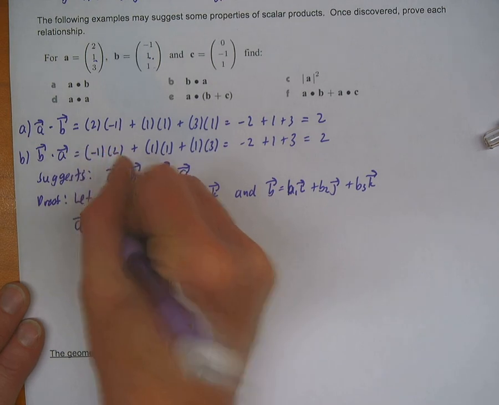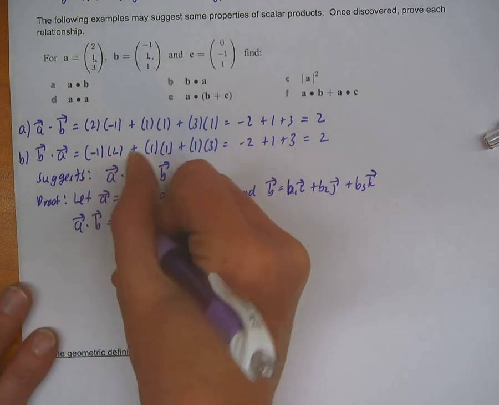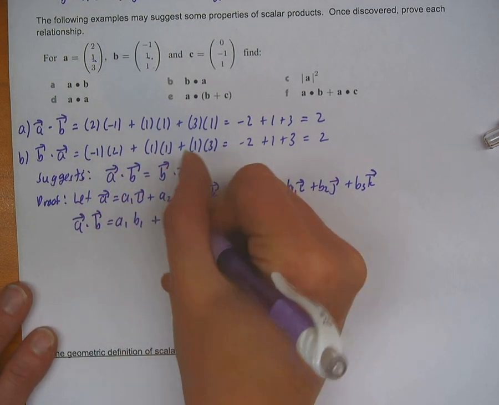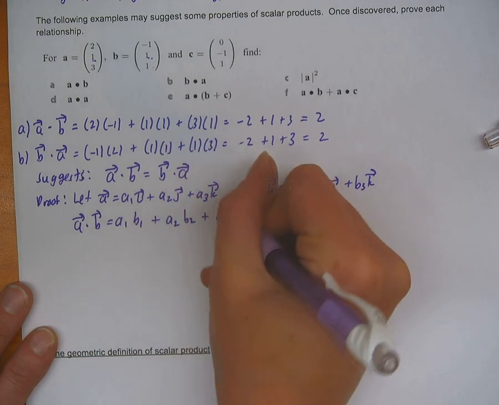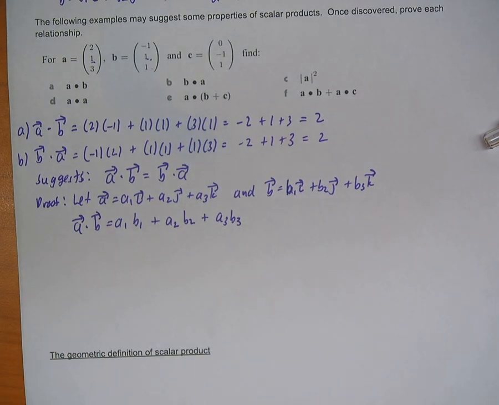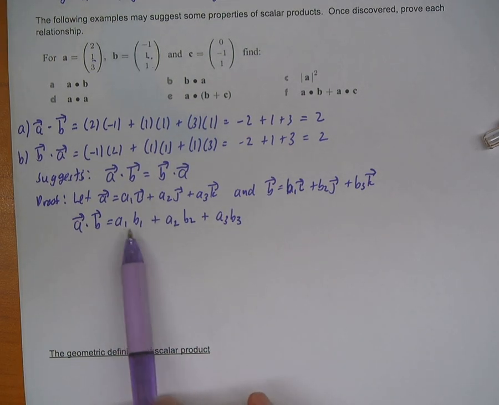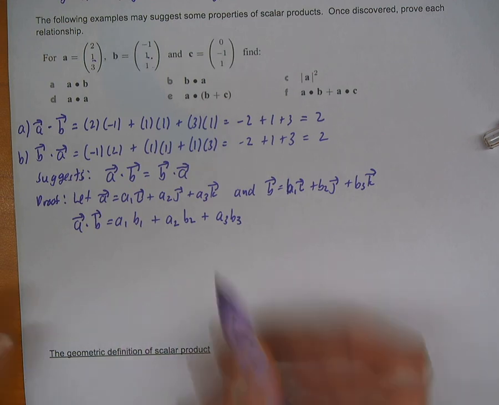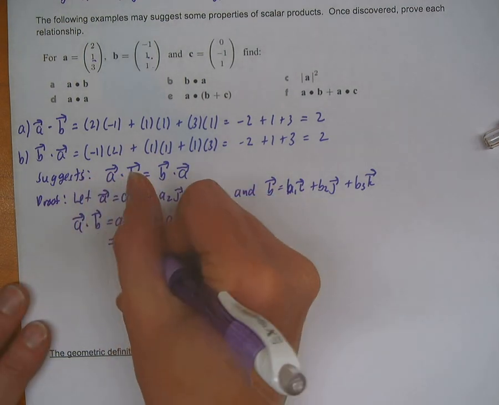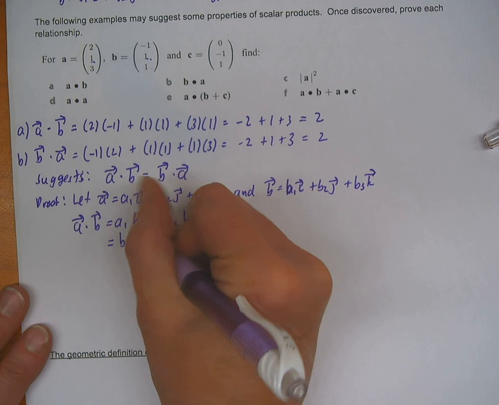So that'll be A1 B1 plus A2 B2 plus A3 B3. But now we know that these are just numbers. A1, B1, and so on are just numbers. Numbers are commutative. Since numbers are commutative, we can switch each set of numbers.